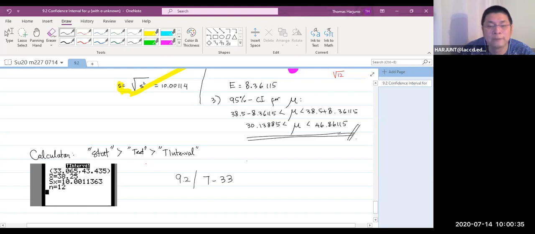Now here's the thing though. You can omit the part that asks you to test for normality.